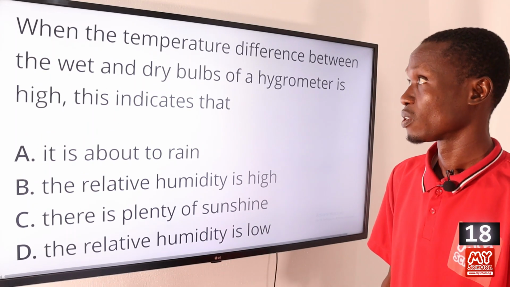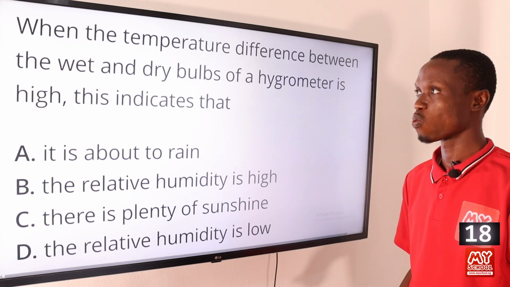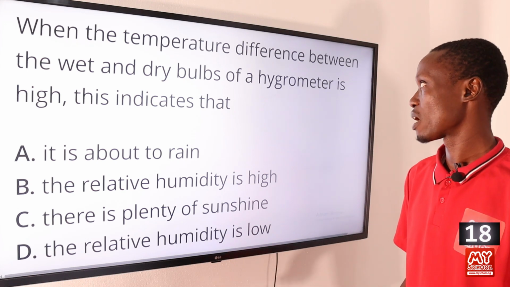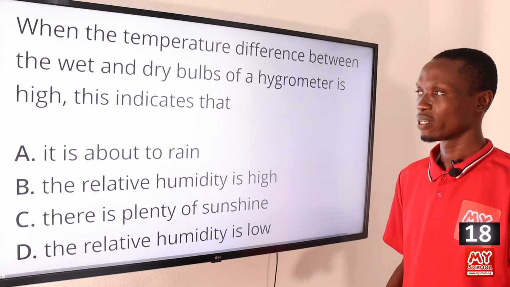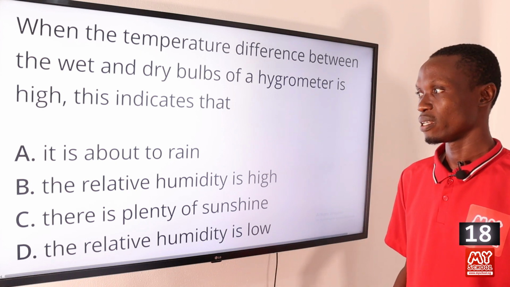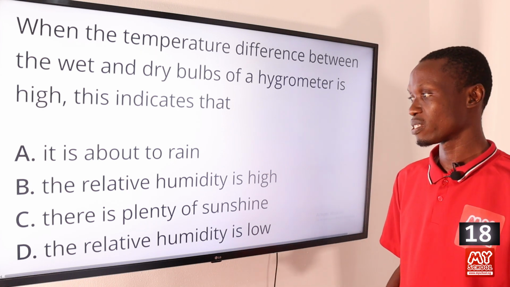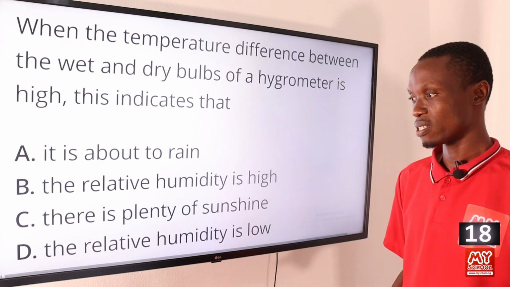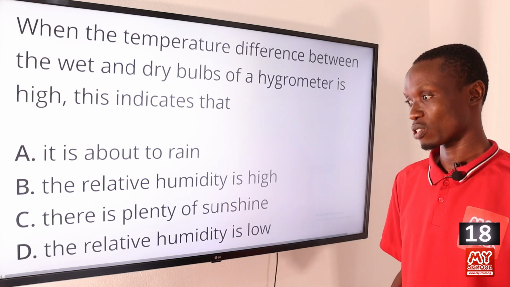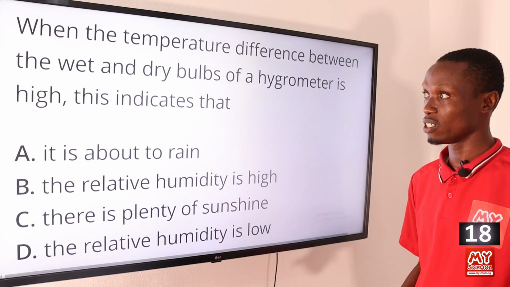Question 18. When the temperature difference between the wet and dry bulbs of a hygrometer is high, this indicates that A, it is about to rain, B, the relative humidity is high, C, there is plenty of sunshine, D, the relative humidity is low.